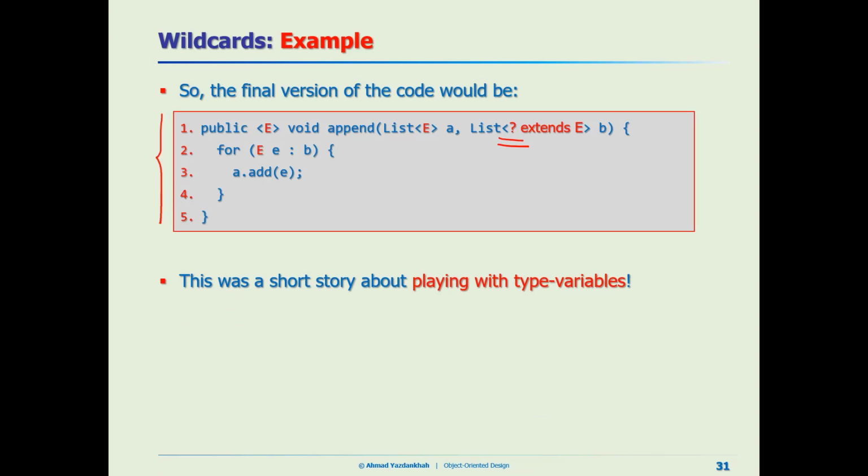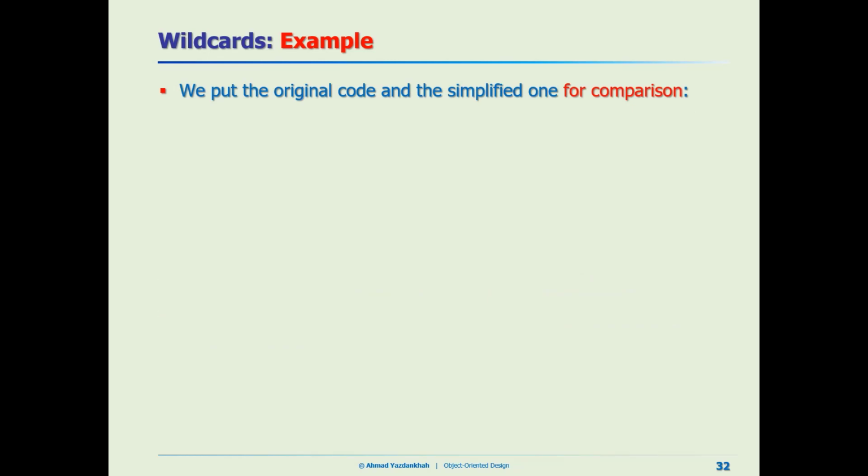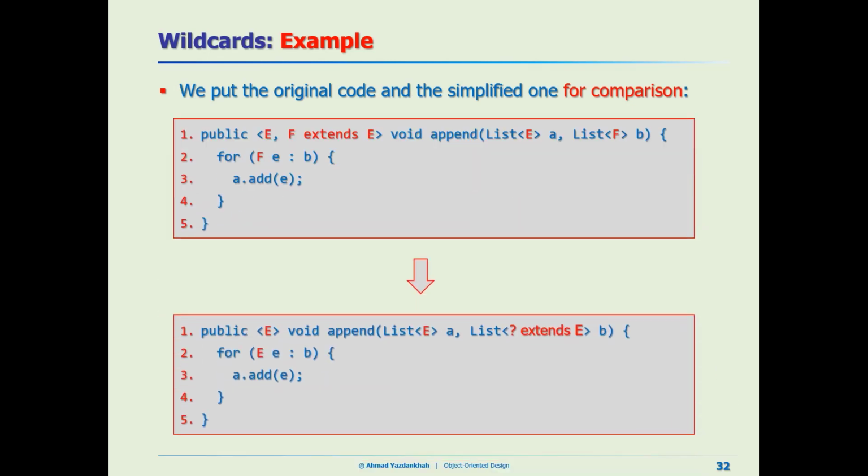Let me give you the side by side representation of the code, and you see how we changed the original code to this code. And this code compiles perfectly and works perfectly.